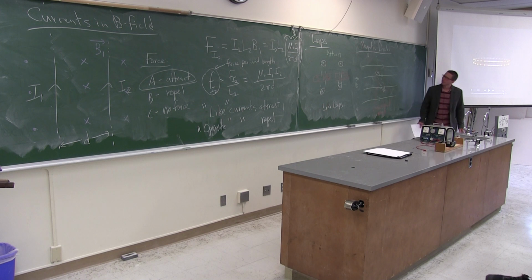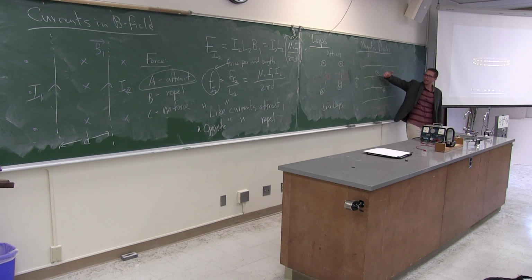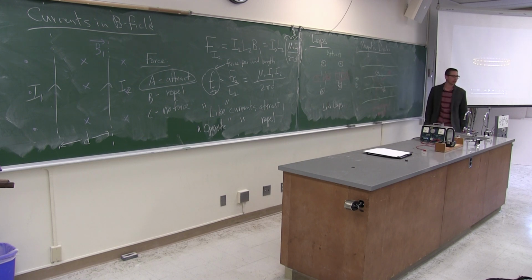And again, we're going to define an area vector for this loop, because if I move my thumb around in the direction of the current, I get a magnetic field that goes that way. So I'm going to define the area vector to point in the direction of the field. It's normal to the surface of the loop, which here is flat.